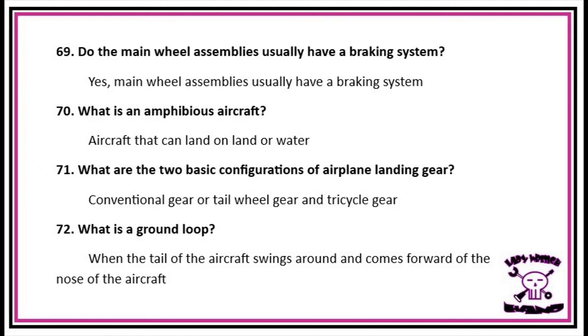Conventional gear, or tailwheel gear, and tricycle gear. 72. What is a ground loop? When the tail of the aircraft swings around and comes forward of the nose of the aircraft.